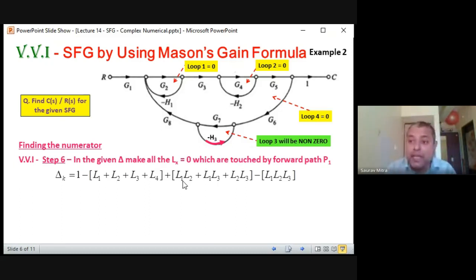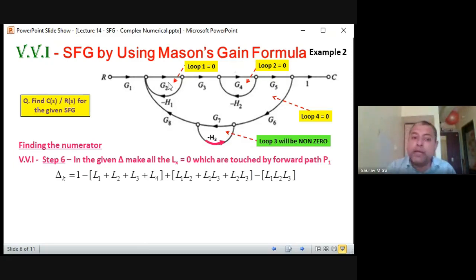Okay, now first we have to do some elimination. What to eliminate? First, we have to check in the given delta, all the L's which are touched by the forward path are equal to 0. So forward path P1, what is the gain of that? G1, G2, G3, G4, G5. Which loops is this touching?